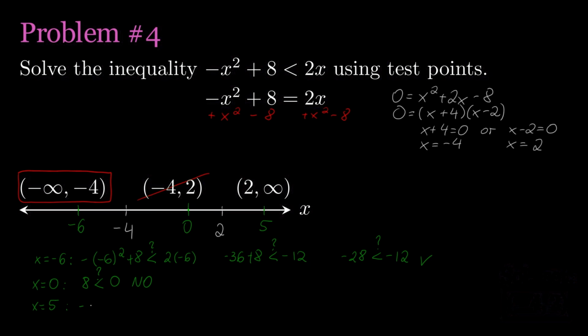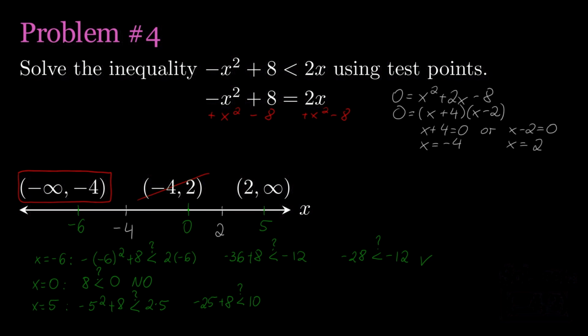Finally, we have the test point of 5. On the left-hand side, it will be minus 5 squared plus 8, less than 2 times 5 on the right-hand side. Of course, we ask whether it's true or false. Now, 5 squared is 25, but we have that external factor of negative 1, so it's negative 25 plus 8, less than 10.